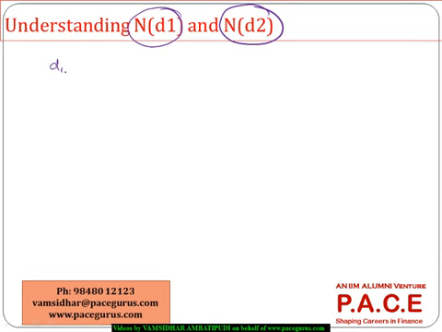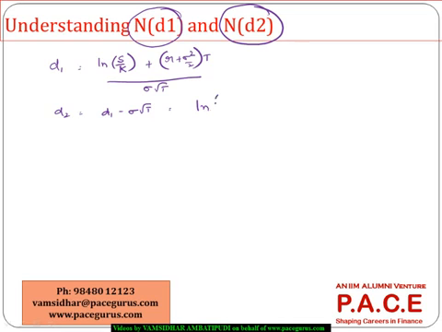We first compute d1 as log of S by K plus r plus sigma squared by 2 times T, divided by sigma root T, and d2 we take as d1 minus sigma root T.